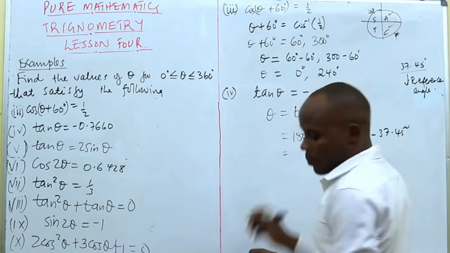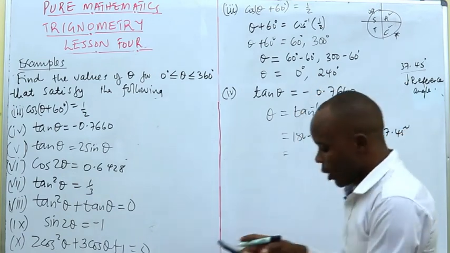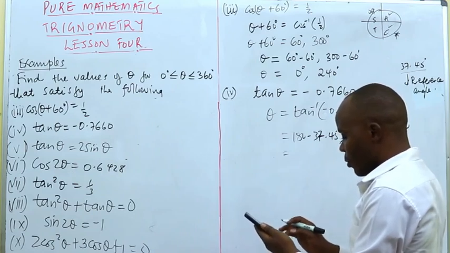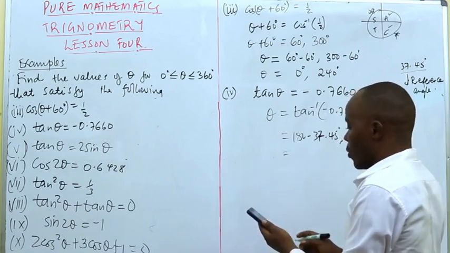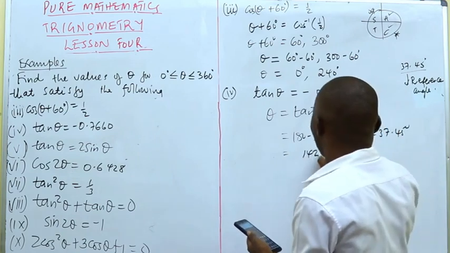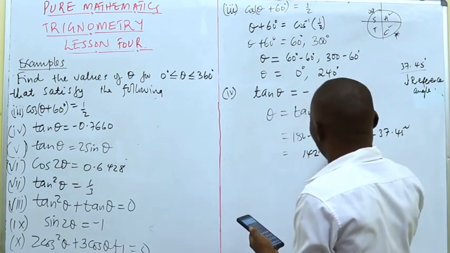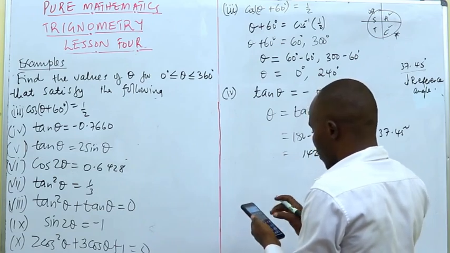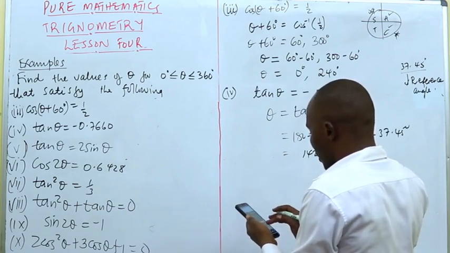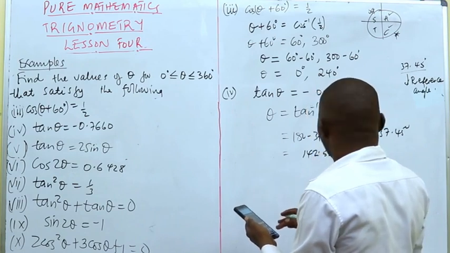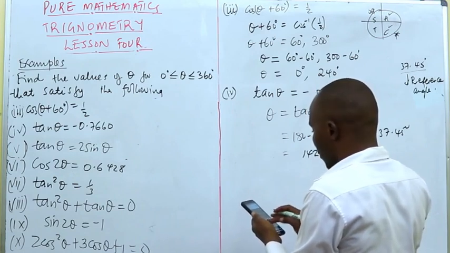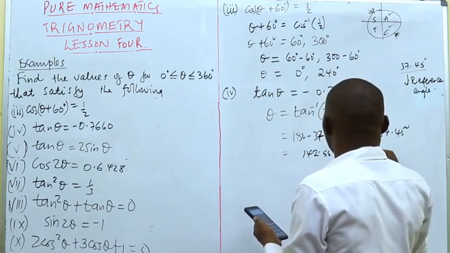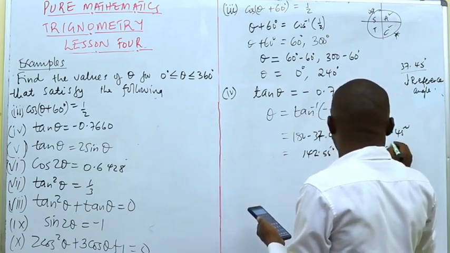So if you get 180 minus 37.45, what do you get? You'll get 142.55. If you get 360 minus 37.45, this one will give you 322.55.